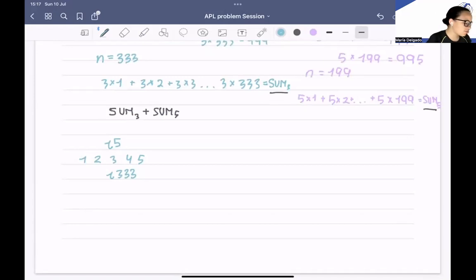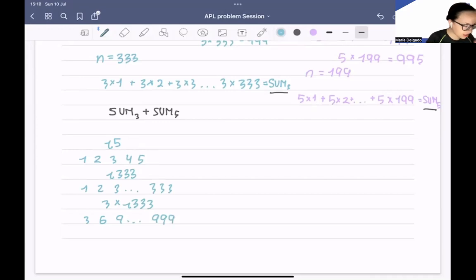I mean, if we just did iota 333, we will get 1, 2, 3, etc., 333. But if we multiply it, 3 times iota 333, we will get 1 times 3, 2 times 3, etc. That will be the actual multiples of 3, so it's 3, 6, 9, etc., 999, and that's what we want.